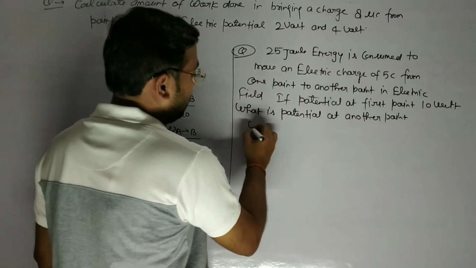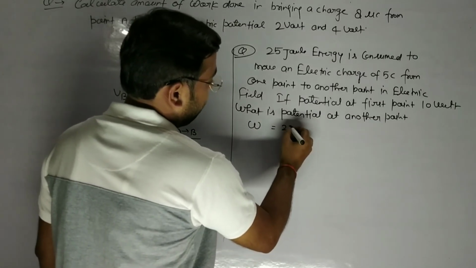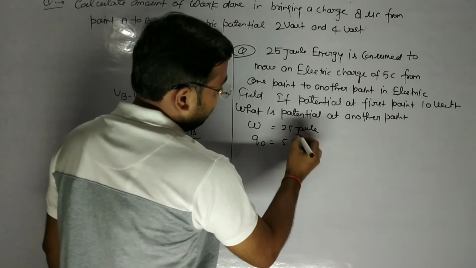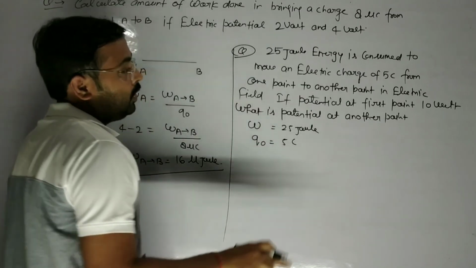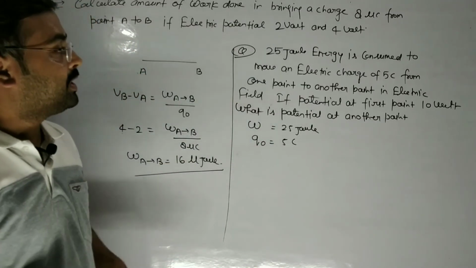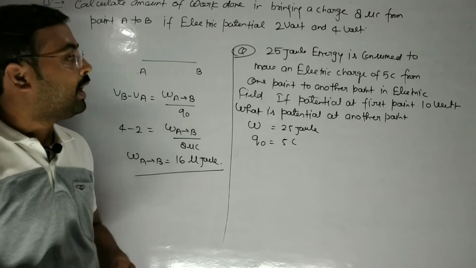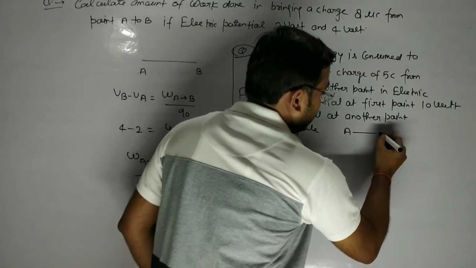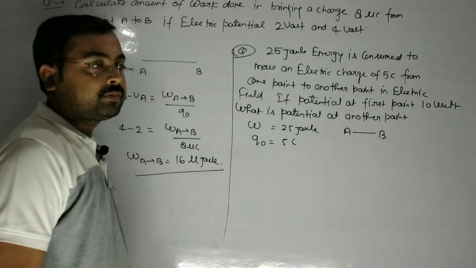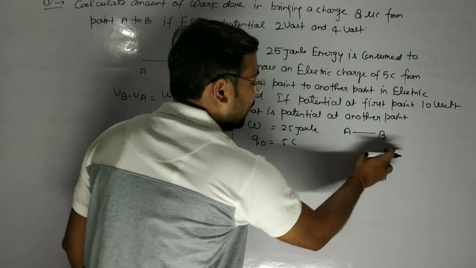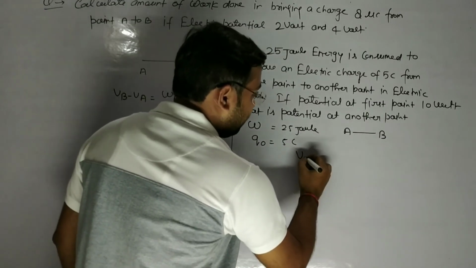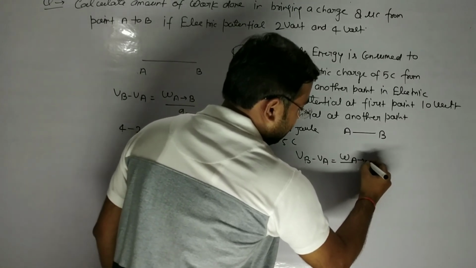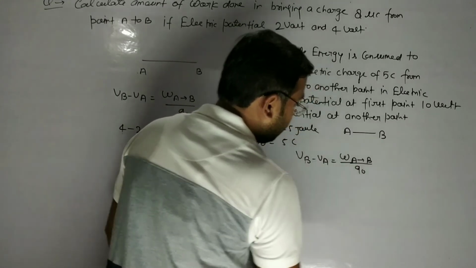Okay, 25 joule work, charge 5 coulomb. 25 joule of energy is consumed to move an electric charge of 5 coulomb from one point to another point. Also written as VB minus VA equals W A to B upon Q naught.